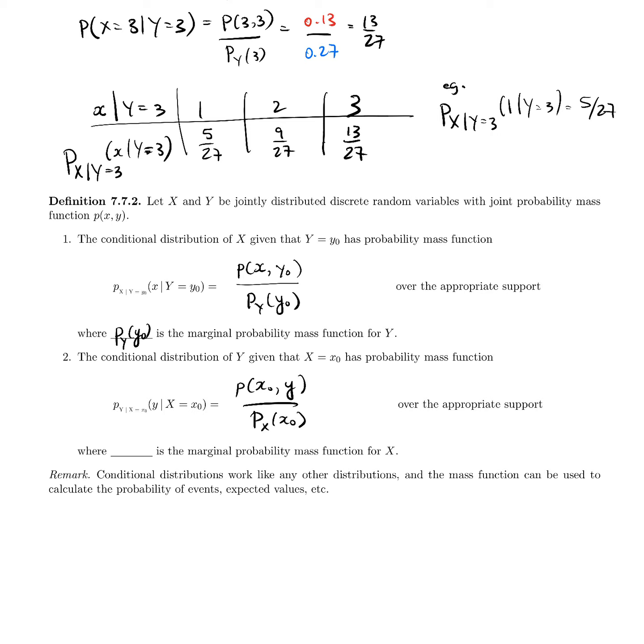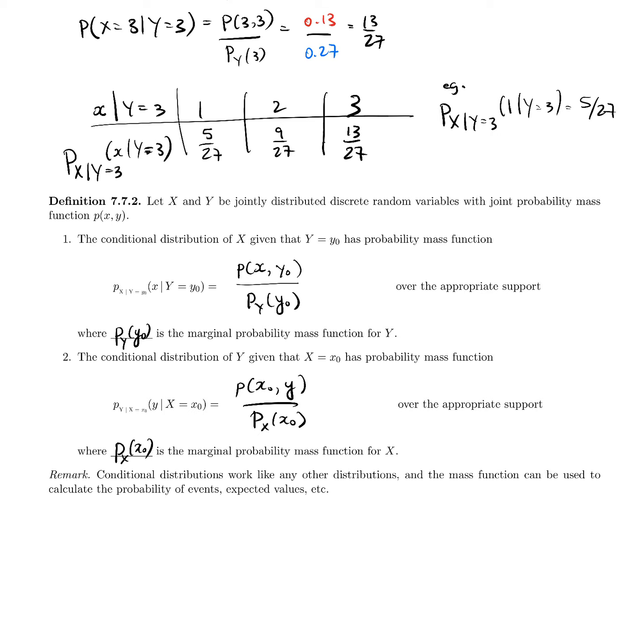Again, same thing over the appropriate support, which may not be the same support as y has if it's not restricted. And again, the denominator there is p sub x of x0. That's the marginal probability mass function for x.